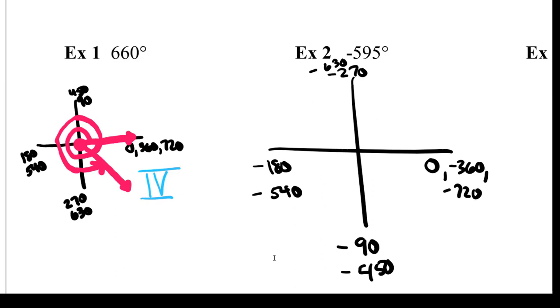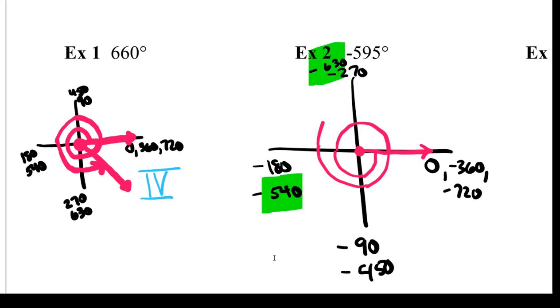Again, we start at the origin. The initial ray goes out towards 0 and 360, regardless of whether you're starting with a positive or negative angle. But this time, we're going to move down, in that clockwise direction. So we go negative 90, negative 180, negative 270, negative 360, negative 450, negative 540, and then somewhere up here it would stop, because that angle is between negative 630 and negative 540.